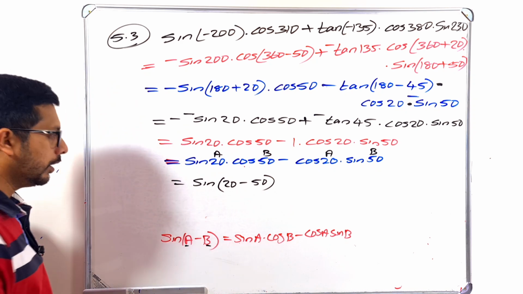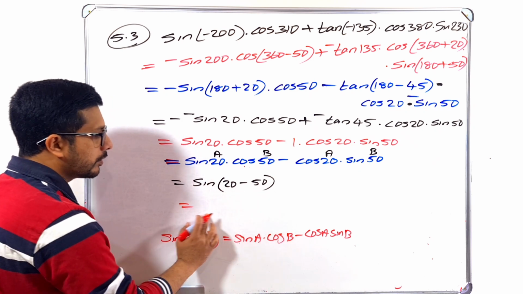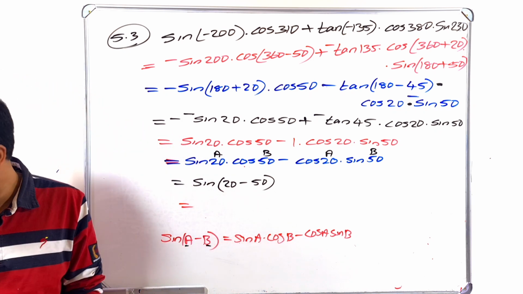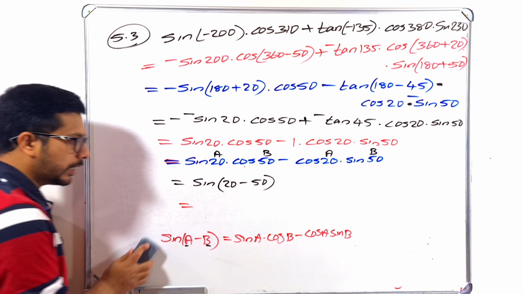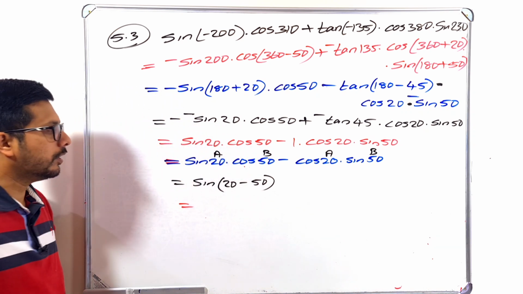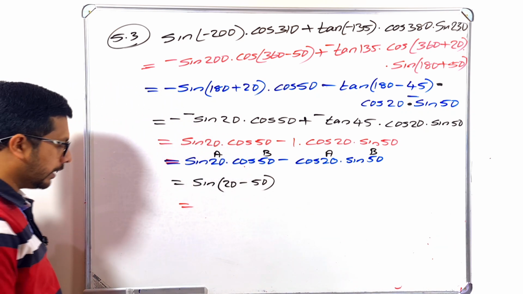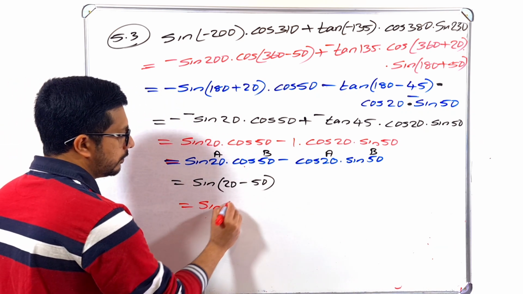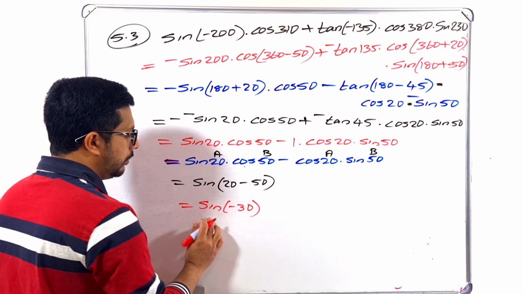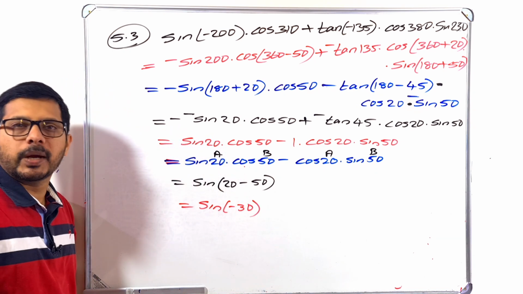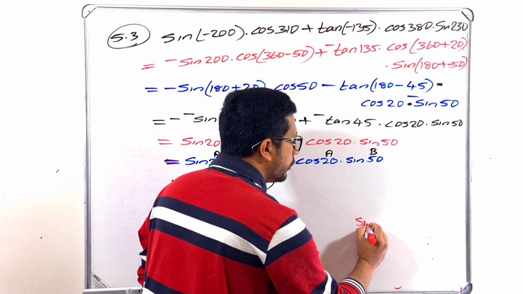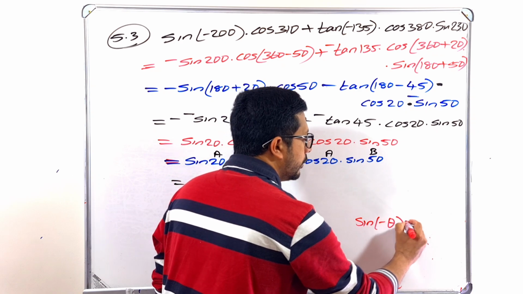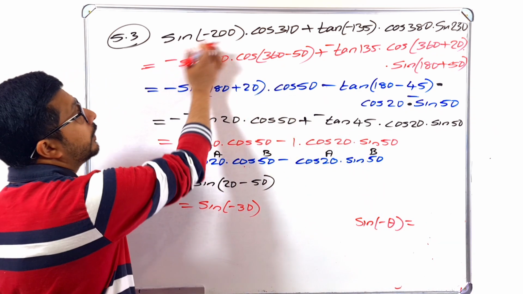So here, 20 minus 50, that is minus 30. So sin of minus 30. Now what is sin of minus 30? You know, sin of minus theta, we already did something like that here.